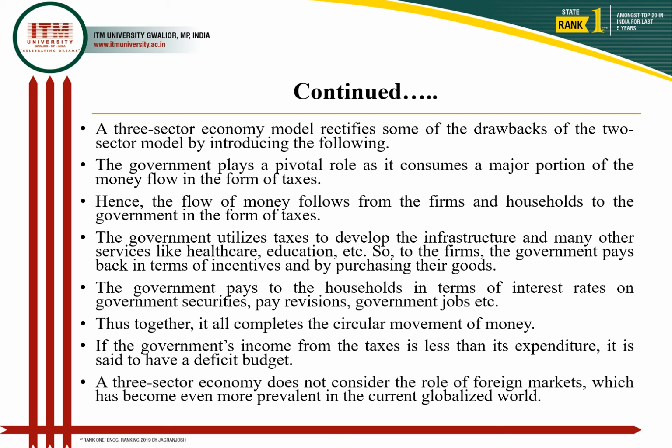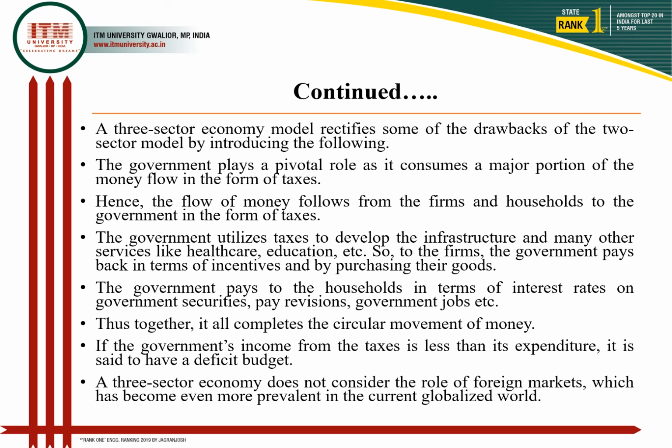A three-sector economy model rectifies some of the drawbacks that are associated with the two-sector model. How? By adding the government, which is going to play a very important role in the economy, and it covers a major portion of the money, right?